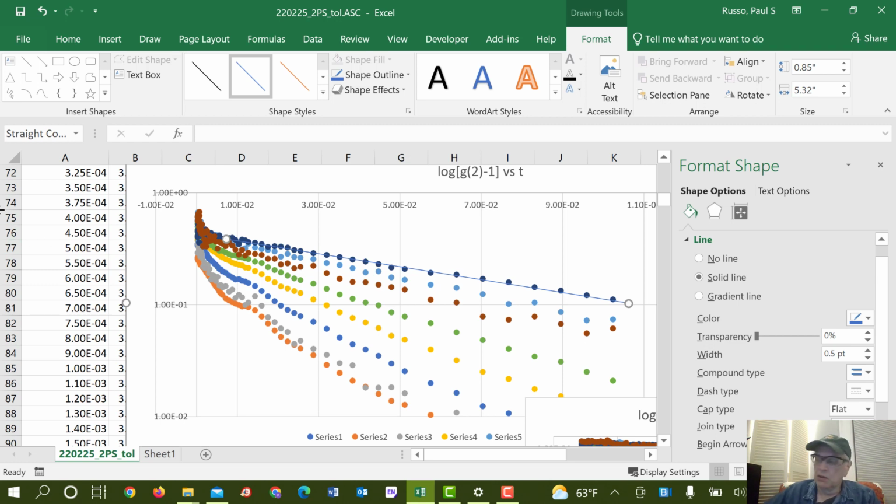You might make a little note on a piece of paper or something, what channels you get to use here, how far you get to go in the time. By the time we're at 10 to the minus 2, this is 10 to the minus 2 milliseconds. That's the ALV standard of time, is milliseconds.